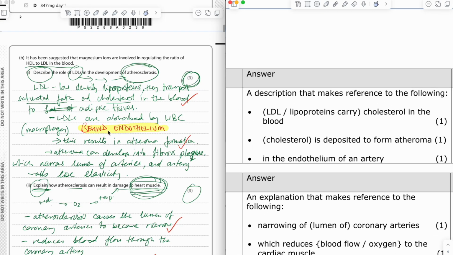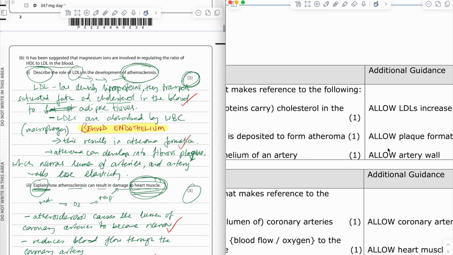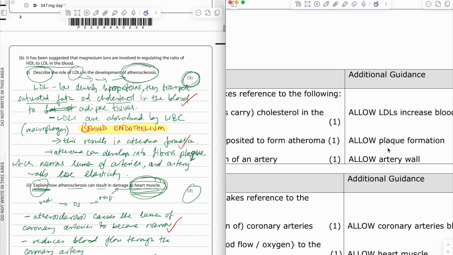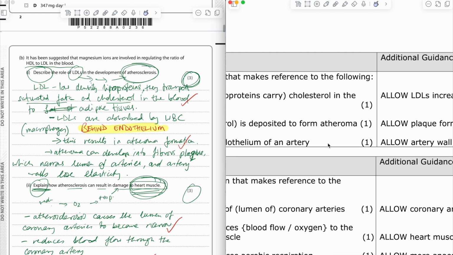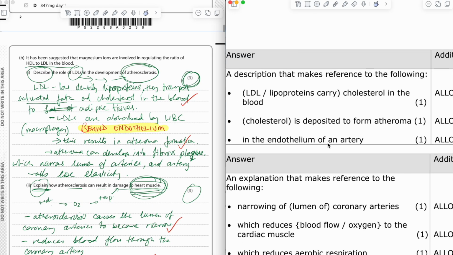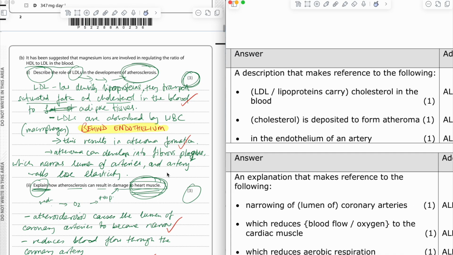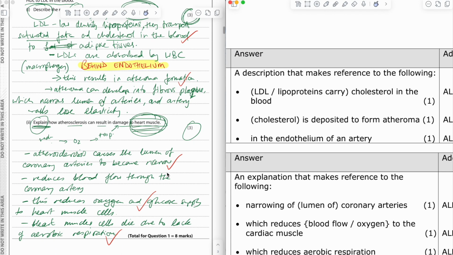What I forgot to say was behind the endothelium for some reason. Allow artery wall, atheroma formation can develop into fibrous plaque. Yeah, so I just forgot to mention the artery wall or even behind the endothelium of the artery. So that's a bit disappointing, but that's fair enough.